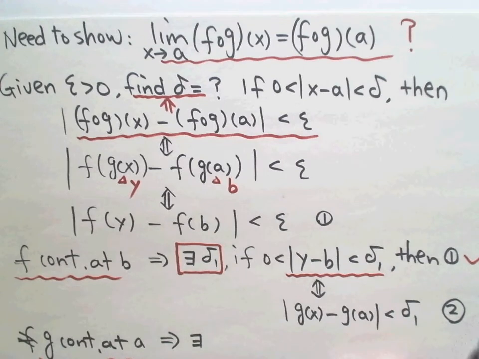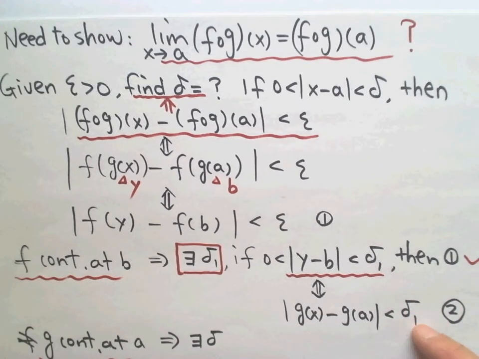This time it is exactly the delta. Given delta 1, can g(x) go into delta 1's neighborhood of this? Yes, because g is continuous at a. Therefore, we have this: there exists delta. Given delta 1, there exists delta. Like this, given epsilon, we find the delta.